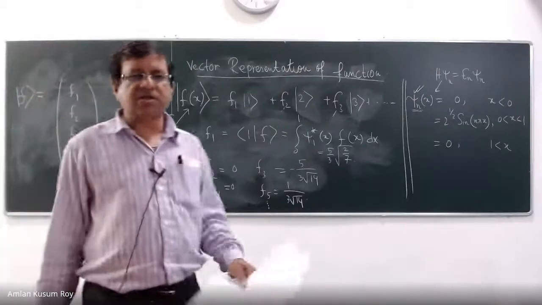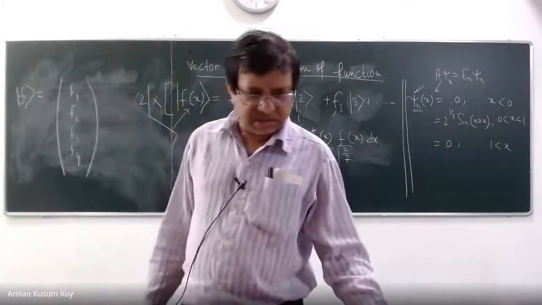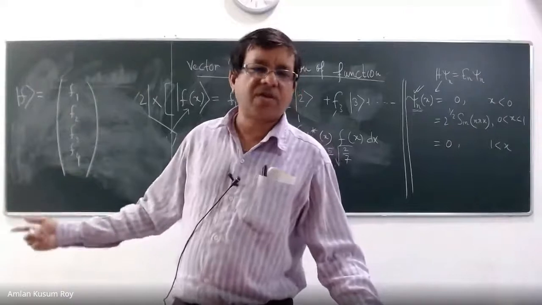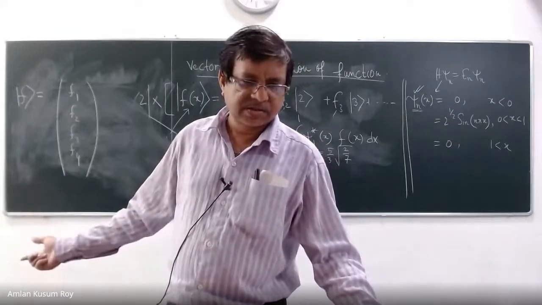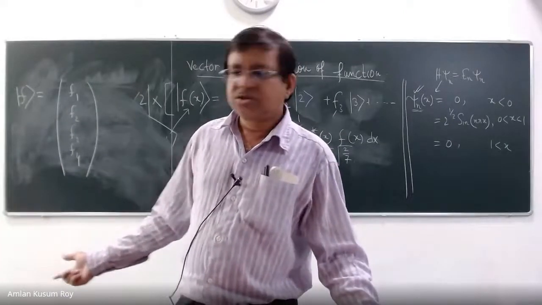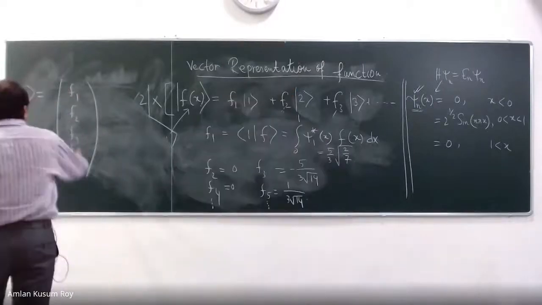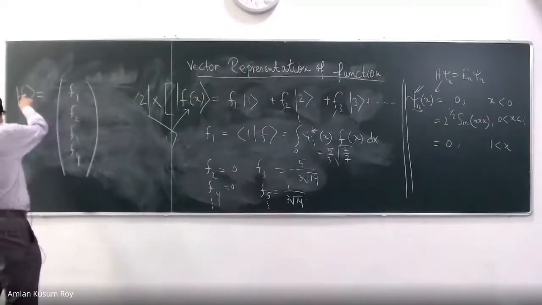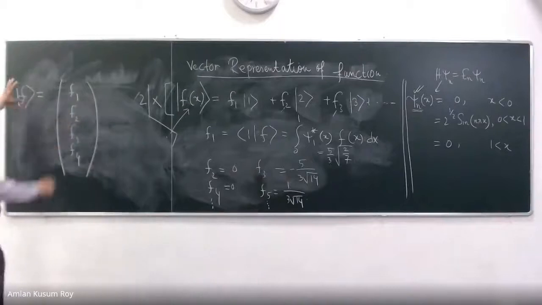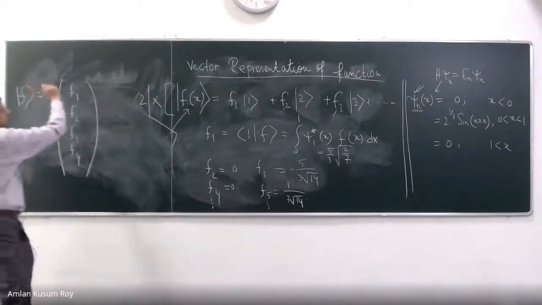Why? Because if I change my basis, my f1, f2, f3, f4 are going to change. Is that clear? As long as I mention the basis, this is a set, this is the representation. So this is where the term comes from, representation.